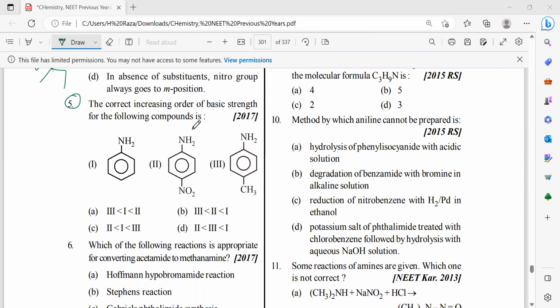Very good. So it's very easy. Third will be the most basic, then comes this, and NO2 decreases it. That's why it's C. Very good.